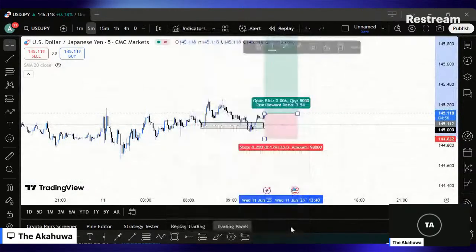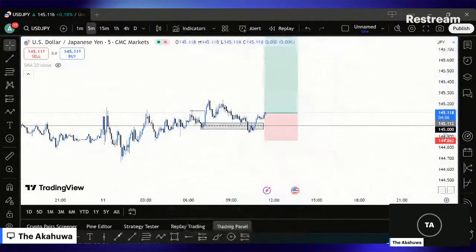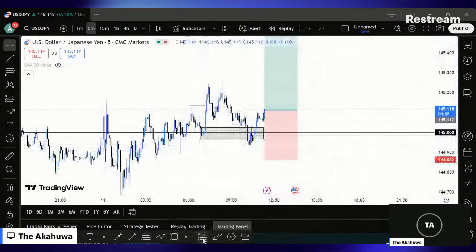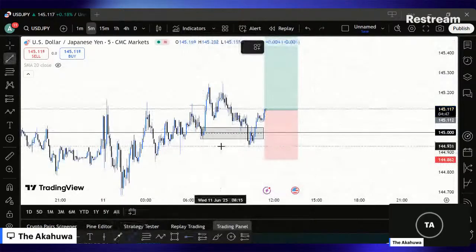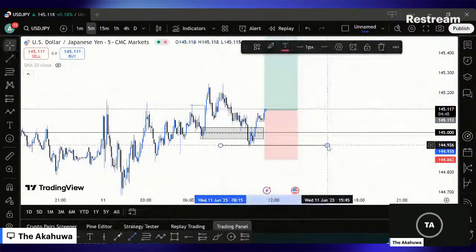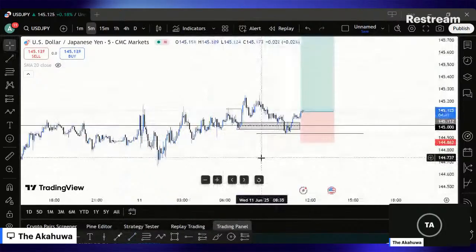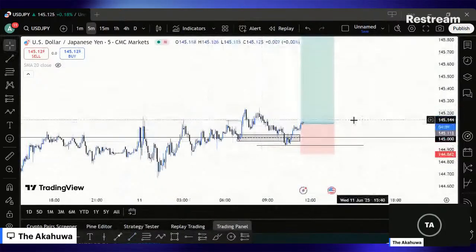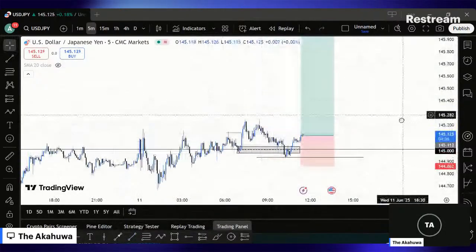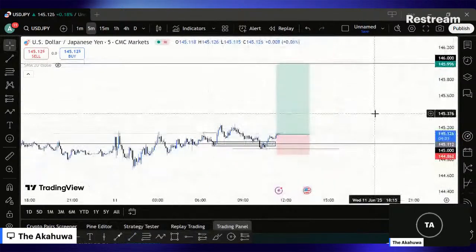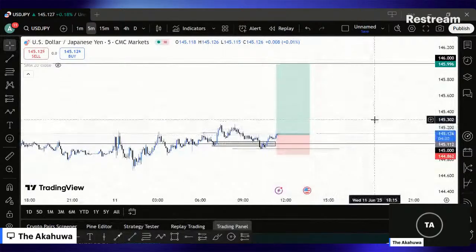This is 20 pips. So if it's 25 pips, you have 1 is to 3.4. Let's do, I'm in already. 25 pips SL.